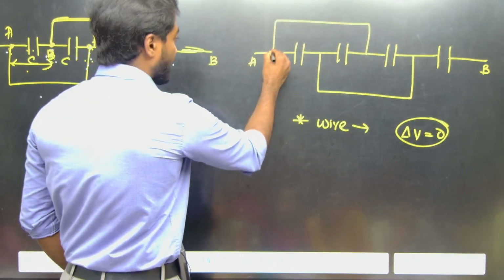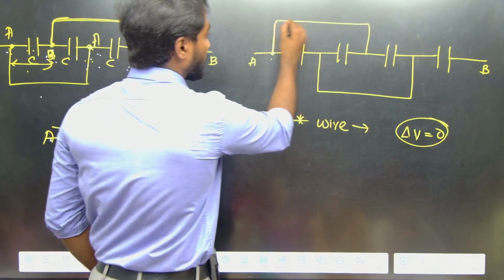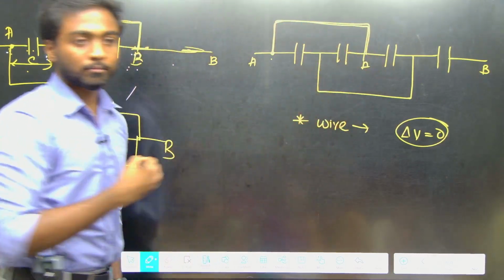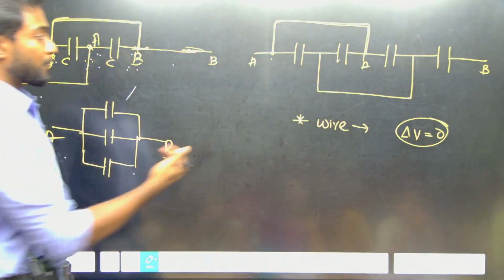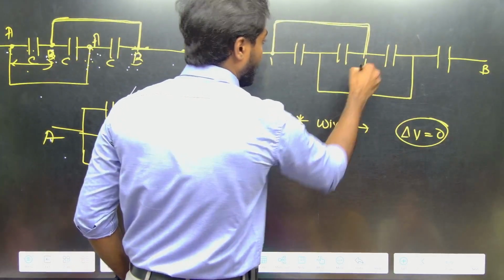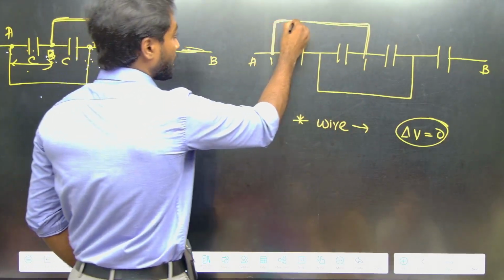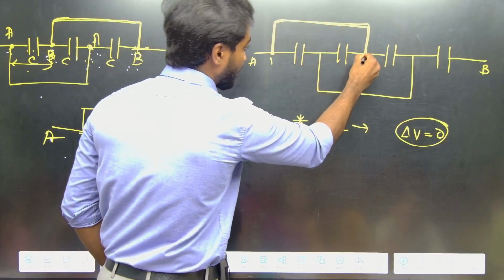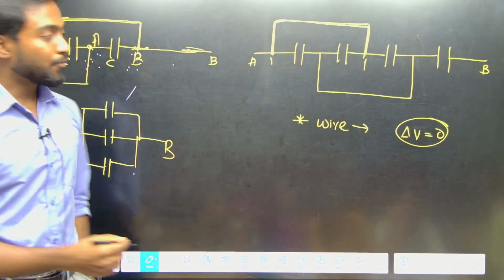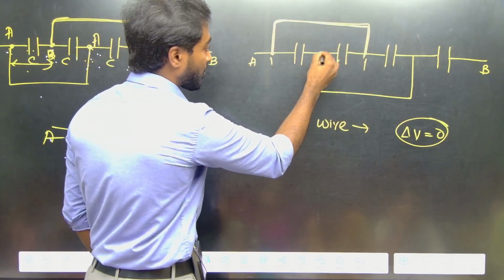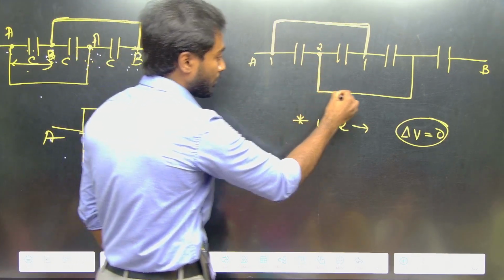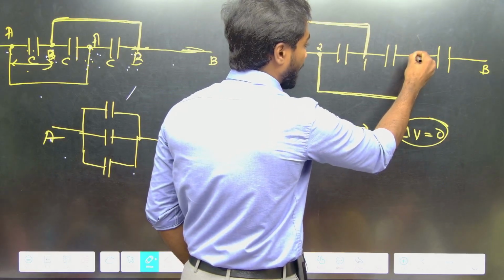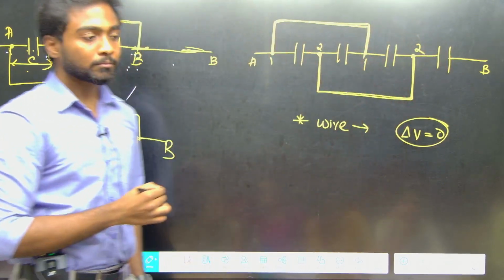If I consider this as A only, up to this point it is A only, yes or no? Or if I take this as 1, up to this it is 1 only. If I take the second wire starting at this point 2, going along the same wire up to the end, it will become 2.